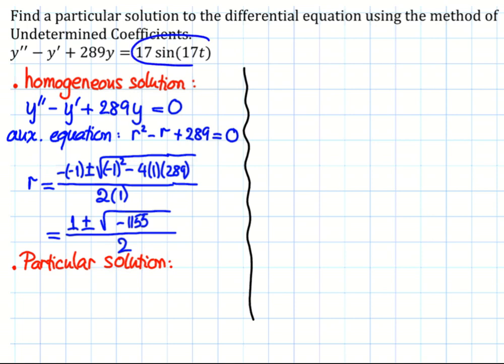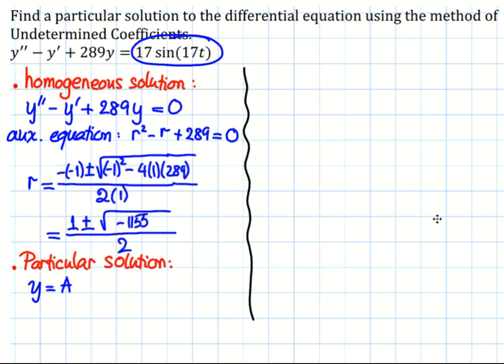We have sine 17t. By the way, even when we just have sine or cosine, the guess solution always has to have both sine and cosine, because we have the derivative and the second derivative. Derivative of sine is cosine, derivative of cosine is negative sine. So we're going to need both.